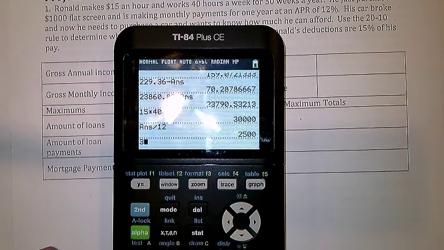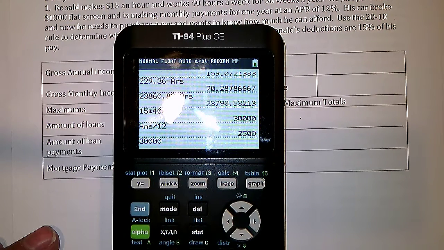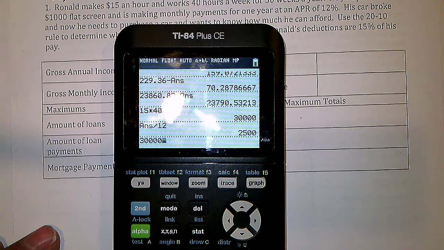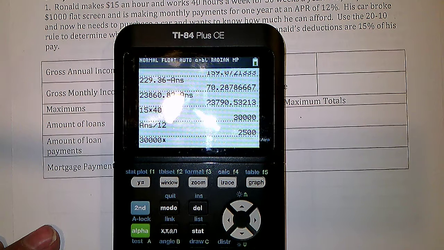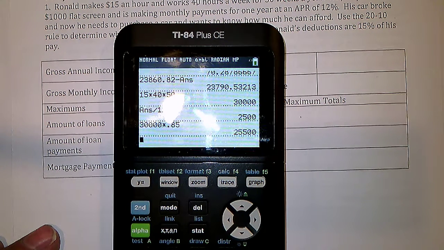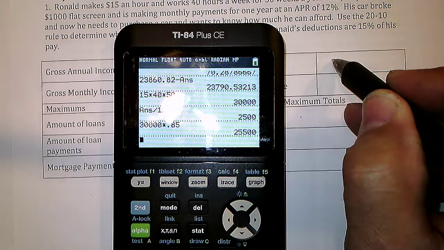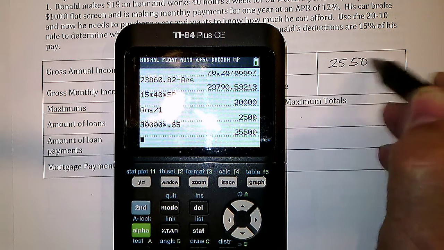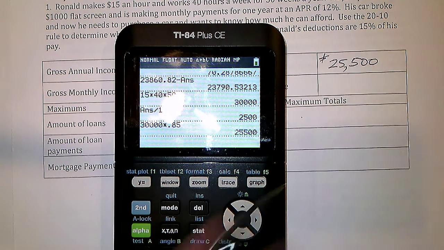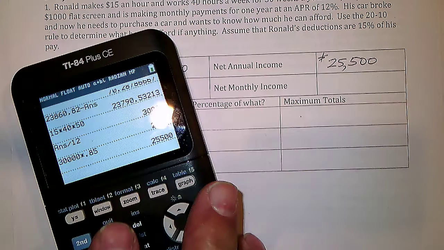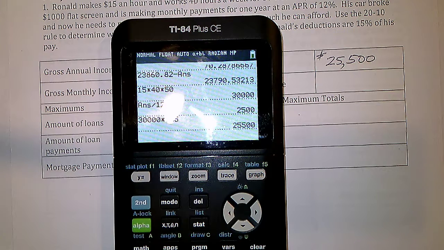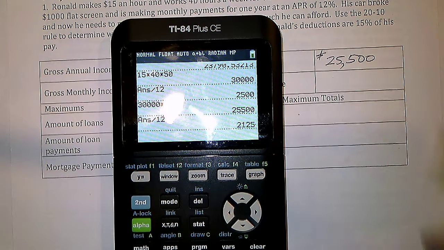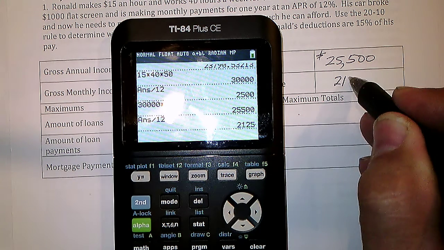So if he's making $30,000 and he's deducting 15%, he gets to keep 15 from 100 is 85%. So he gets a net annual income of $25,500, and so his net monthly would be that divided by 12, which is $2,125.